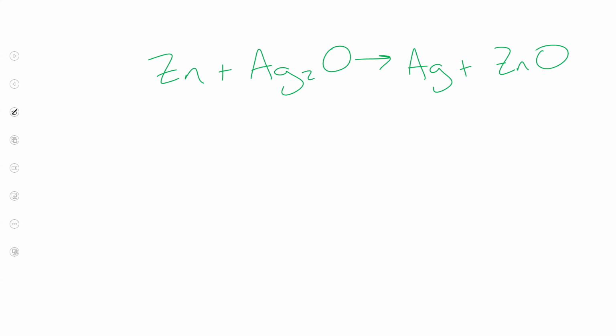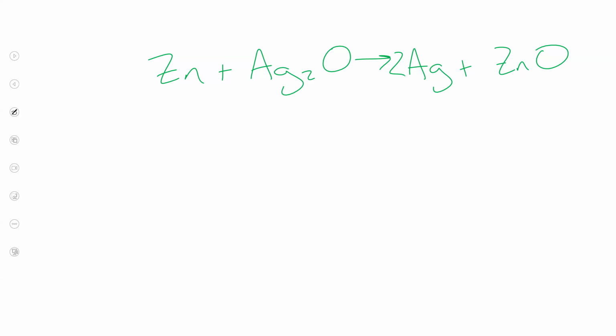I can figure out a theoretical yield for the silver, or I can figure out a theoretical yield for the zinc oxide. They're each going to have their own theoretical yield, because this isn't balanced either, there's two there. So they're not going to be the same theoretical yield.